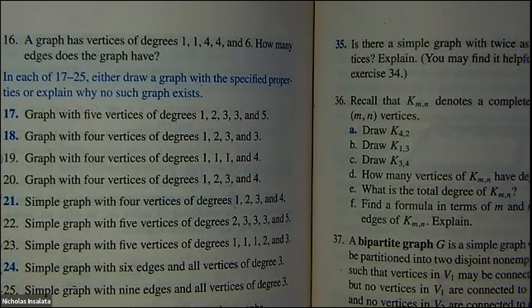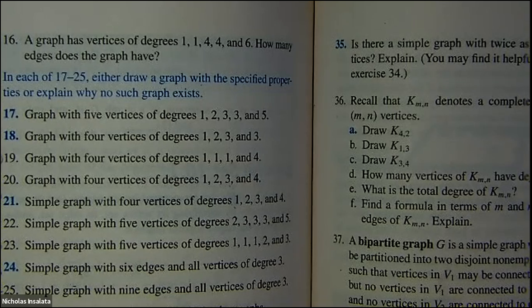It has to do with the total degree formula. What's the total? What formula do we know about the total degree? Okay, it's 2 times the number of edges, right?